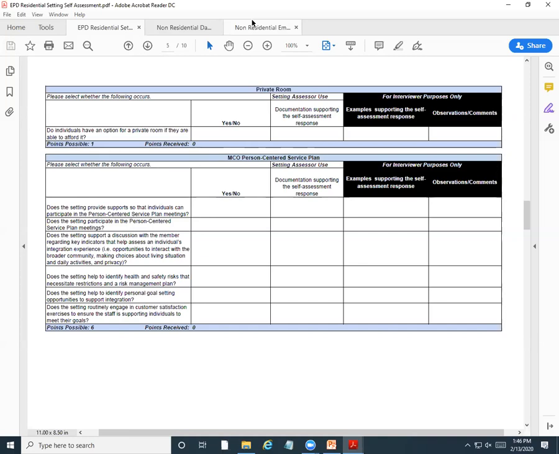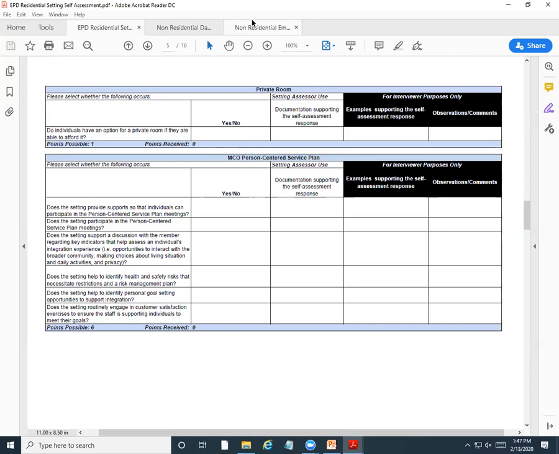Does the setting support a discussion with the member regarding key indicators that help assess an individual's integration experience? So just coming prepared to those meetings with the opportunities they have to interact with the broader community, what choices they already make or want to make. Because this will be a person-centered planning team that you'll be a part of.